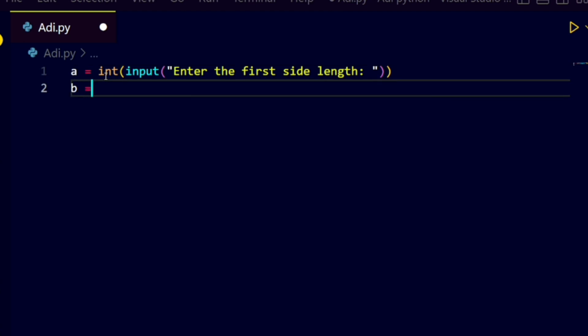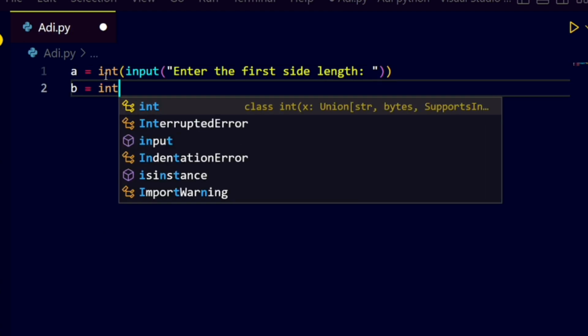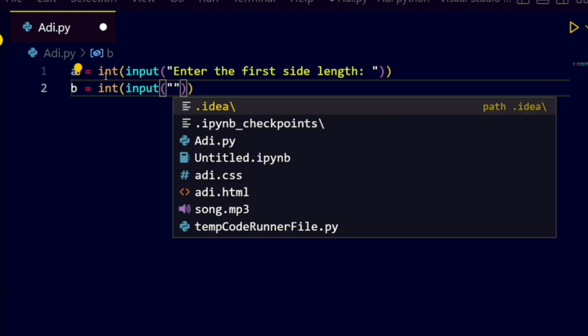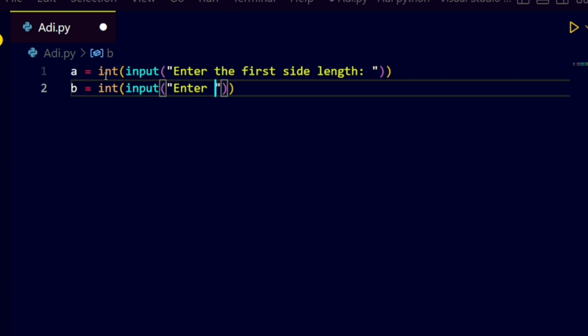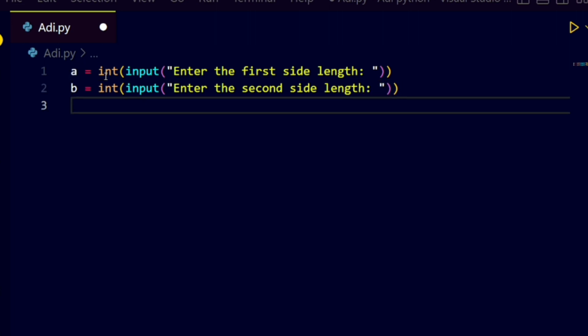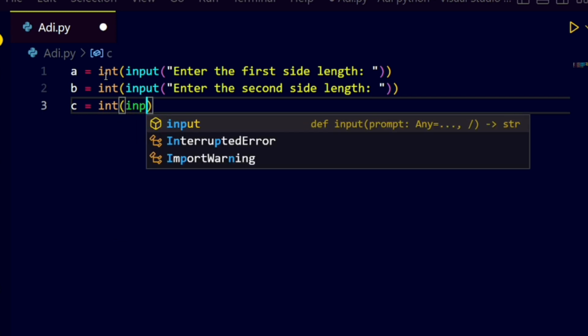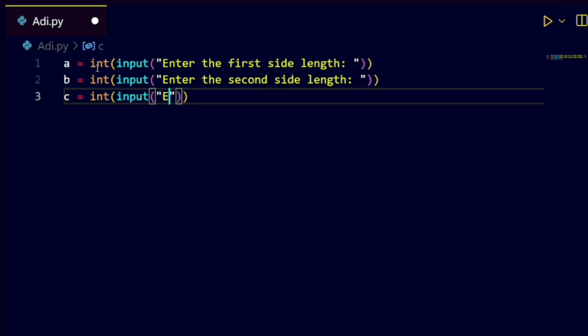B will be equal to int(input("enter the second side length")). So that's the second side length. C will be equal to int(input("enter the last side length")), this is the last one.